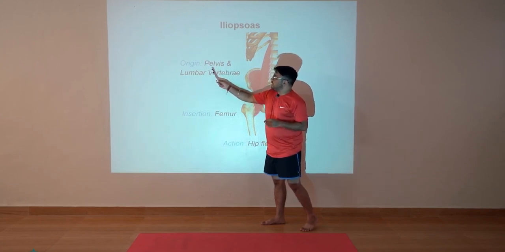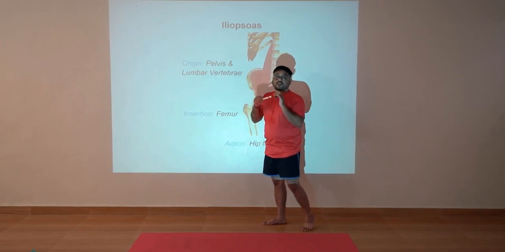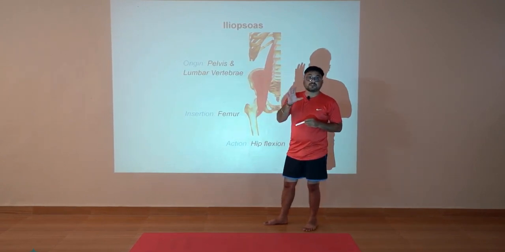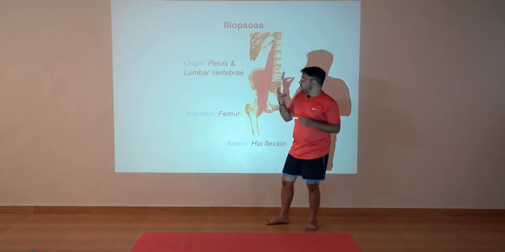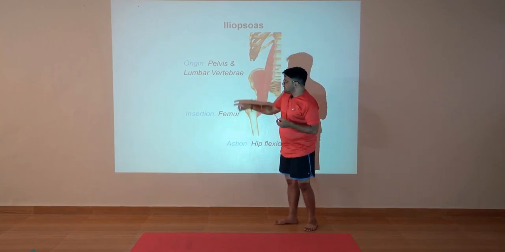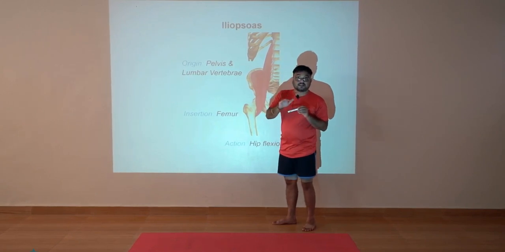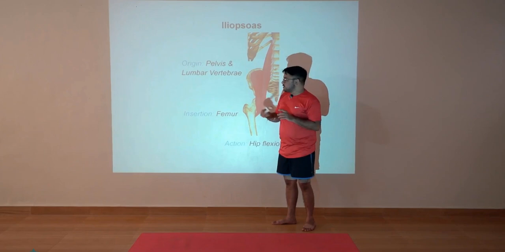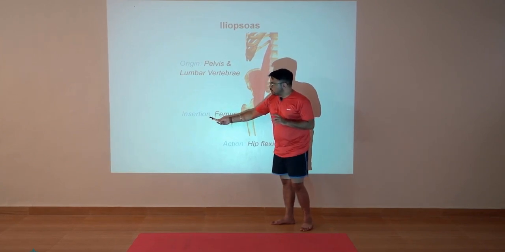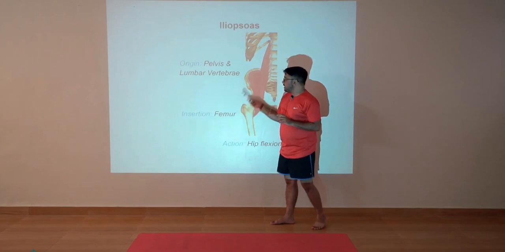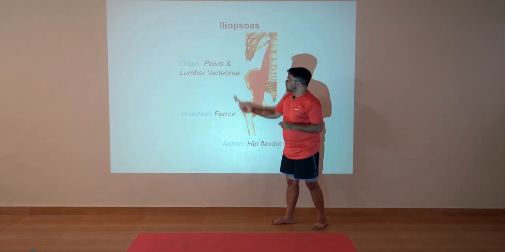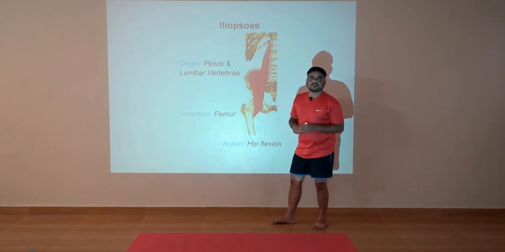The origin is the starting point from where the muscle originates. Then the muscle has to insert at one point where it ends, the attachment point. The finishing point or attachment point we call the insertion. So a muscle has origin and insertion.